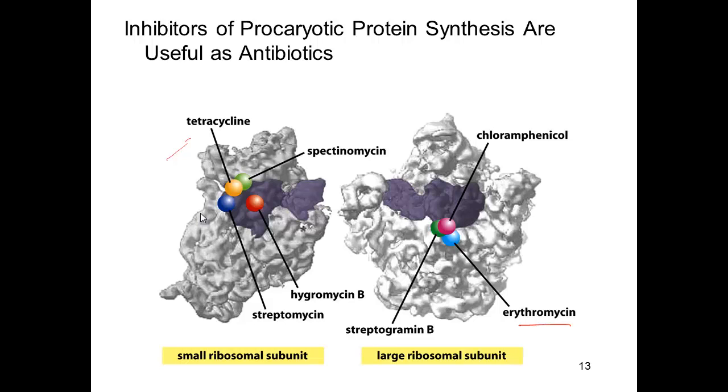However, as you know, there's resistance to nearly every antibiotic that we have, and so the bacteria have found ways, but it's still an attractive target because of the many constraints on the design of the complex.